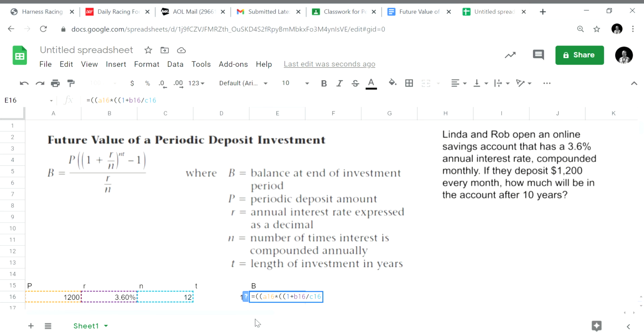let's close that one parentheses, and now we have an exponent of nt. So I'm going to use my exponent symbol. It's n times t, so that has to be in parentheses. So it's going to be n, which is C16, times t, which is D16.